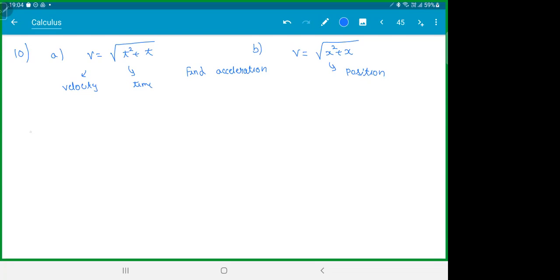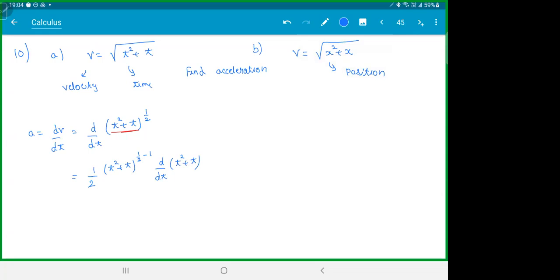See, look at the first part. Acceleration dv by dt. This is nothing but d by dt of t square plus t whole to the power of half. So we are using chain rule, something to the power of half. That will be half into the function t square plus t to the power half minus 1, and then differentiate the function which is inside.